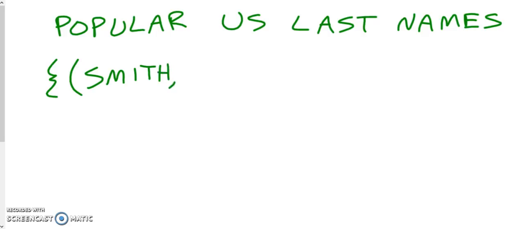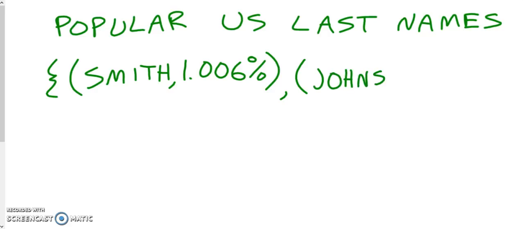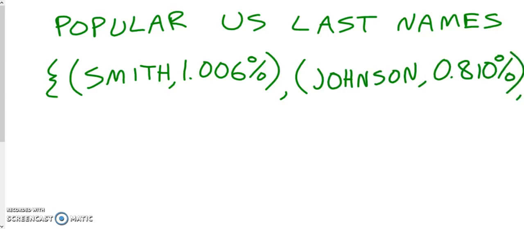Smith, at 1.006% of the U.S. population. So 1 out of every 100 people is named Smith. The next one is Johnson, at 0.810% of the U.S. population. I used to live in area code 810. That's the Flint, Michigan area. My parents still live there.